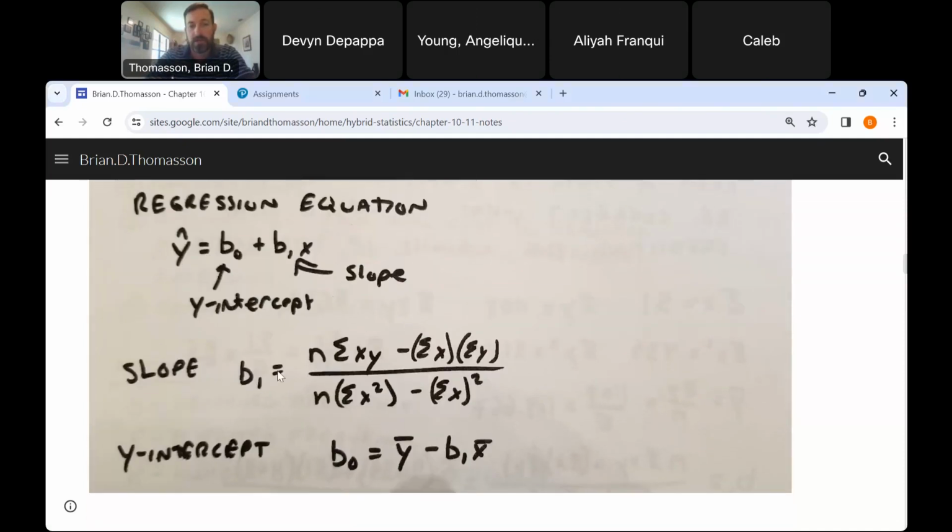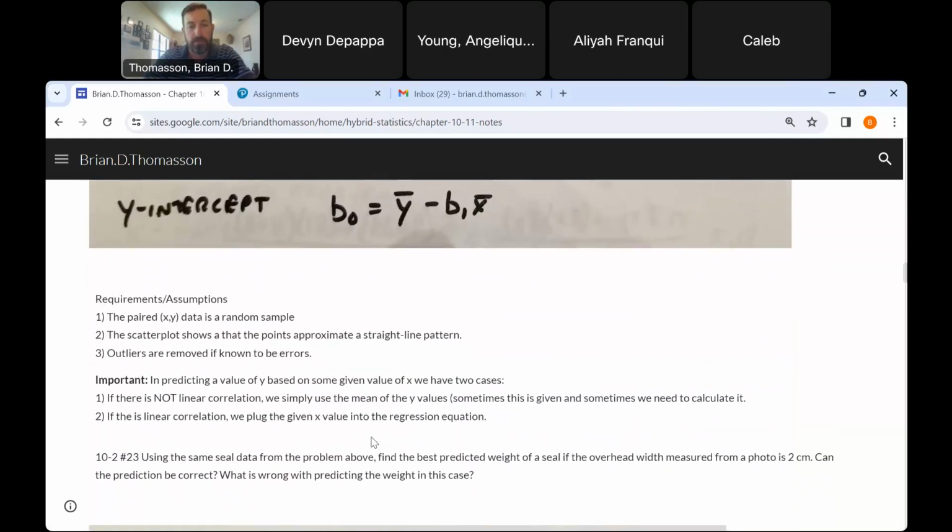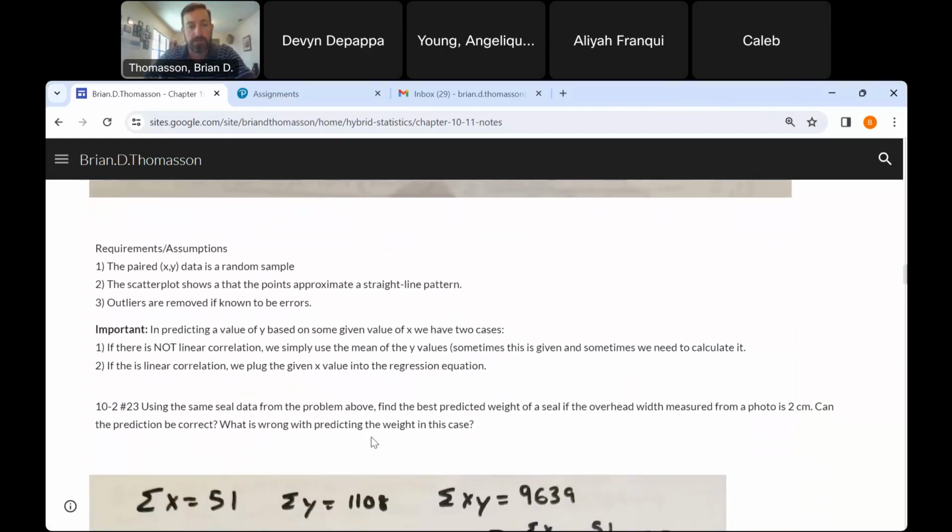So the way we find this regression equation, we can find the slope and the y-intercept with these formulas. We'll have StatCrunch do all that for us. I did do that below, but let's talk about our assumptions here. We have the paired XY data as a random sample, so we have to randomly select our seals. The scatter plot shows the points approximate a straight line. Okay.